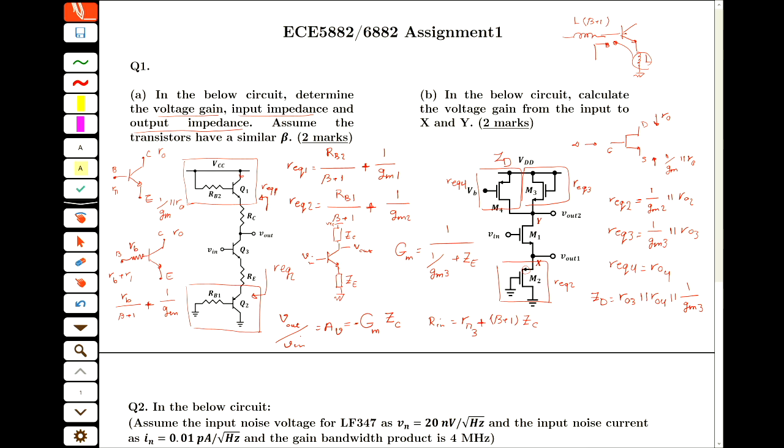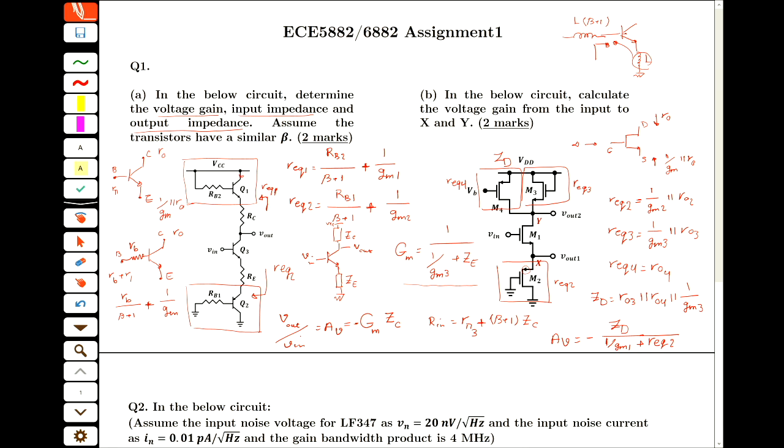Okay? And then the gain again equals minus big GM times ZD, I mean it is ZD divided by 1 over GM1 plus R equal 2. This comes from here, ZD multiplied by GM.